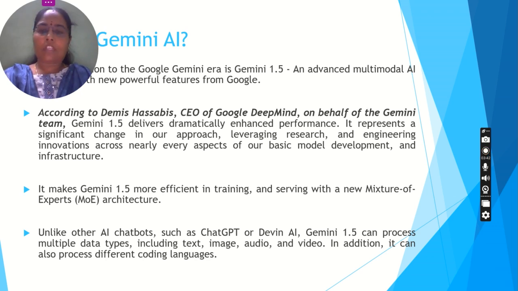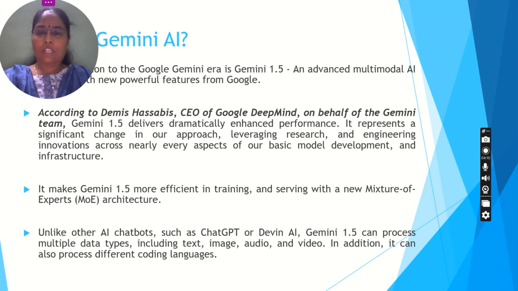We have other AI chatbots, ChatGPT or Devin AI, and various others. When we consider this, Gemini 1.5 accepts multi-data type inputs: text, image, audio and video, and it can also perform code in various coding languages.